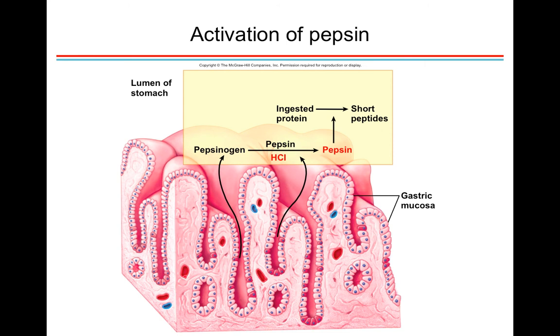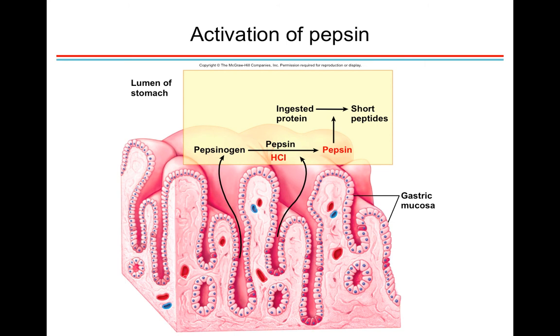And we mentioned that pepsinogen is secreted by chief cells, and pepsinogen is a protease that is inactive until activated by hydrochloric acid. Hydrochloric acid will convert pepsinogen to pepsin, and then pepsin is active as a protease to be cleaving polymers of amino acids down to short peptides, much shorter peptides.